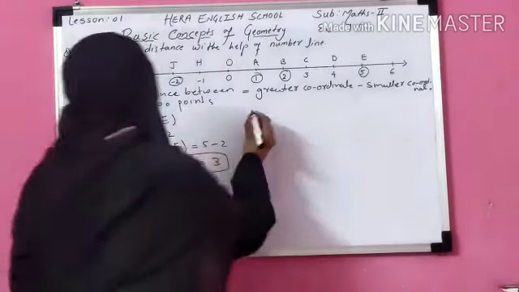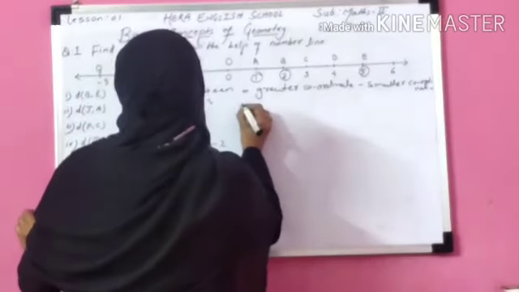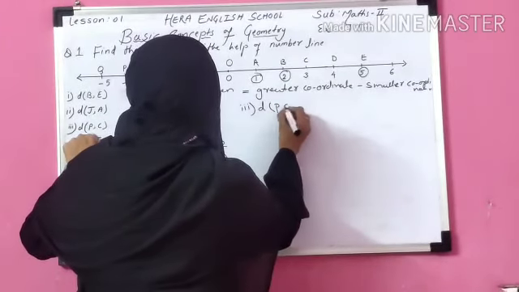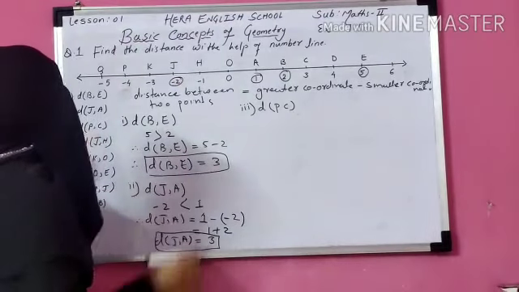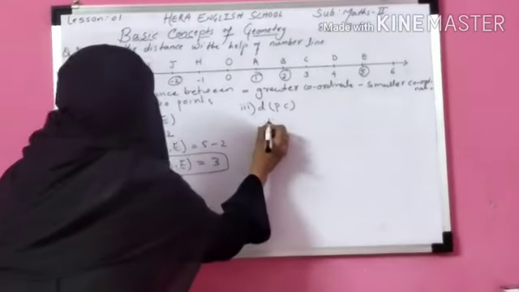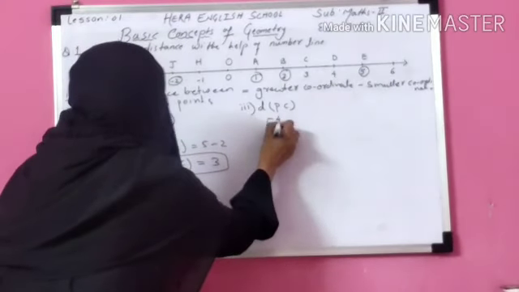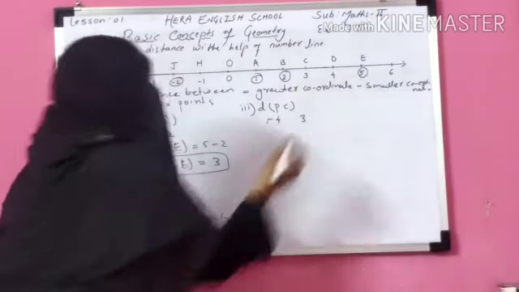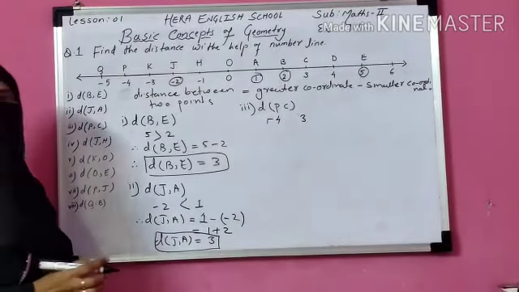Okay. Now the third question. You have to find the distance between points P and C. Now observe point P here. The coordinate of point P is minus 4. Point C coordinate is 3. Now which coordinate is greater here?